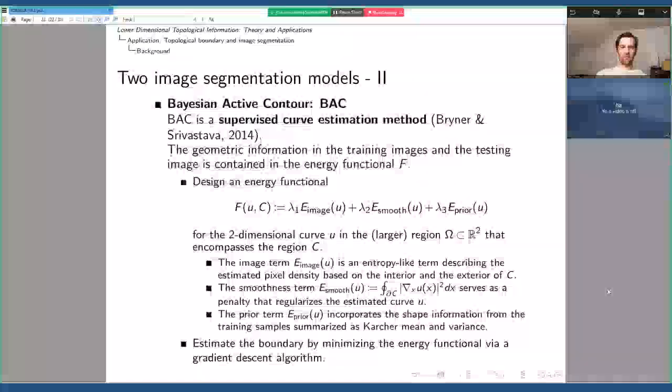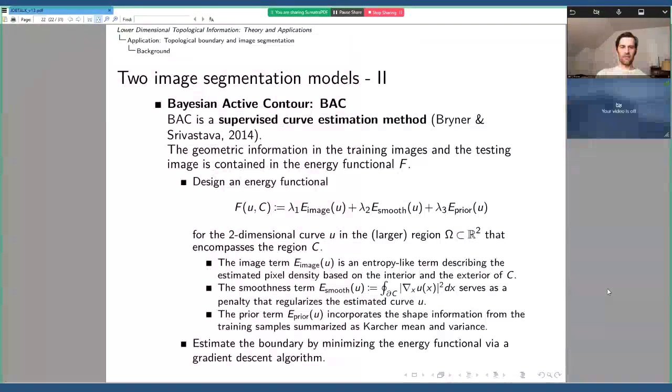So let's look at this so-called energy functional. It consists of 3 weights, which are user specified, lambda 1 through lambda 3, and also 3 terms corresponding to these weights. The first term, E image, is basically comparing the interior and exterior estimated density functions.